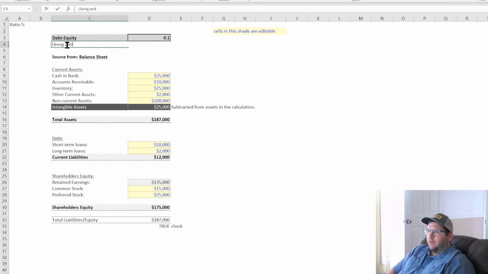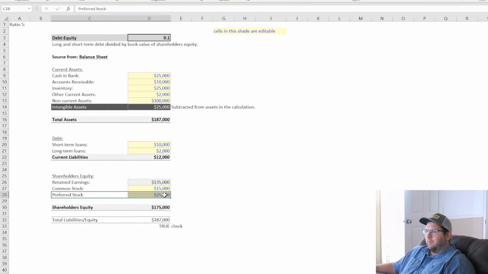So all your loans, long and short term debt, divided by book value of shareholders' equity. And preferred stock is not included because that's something that's due to somebody else in most cases.